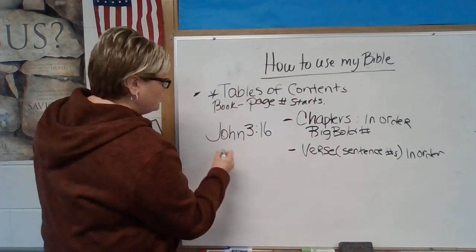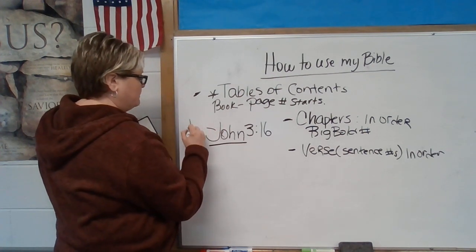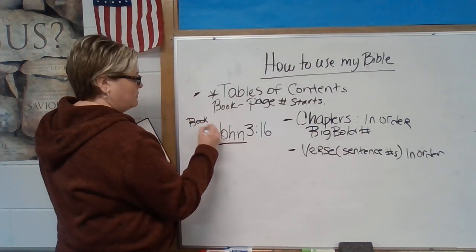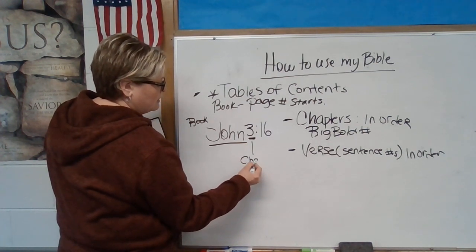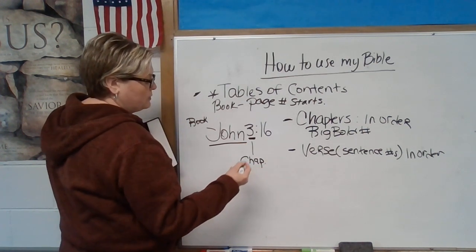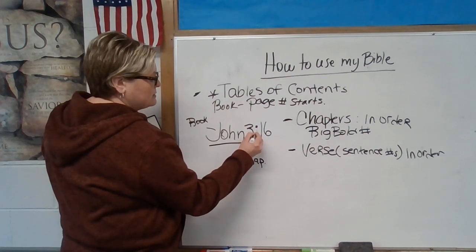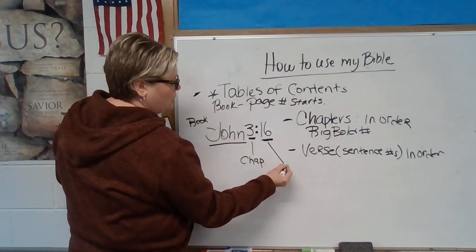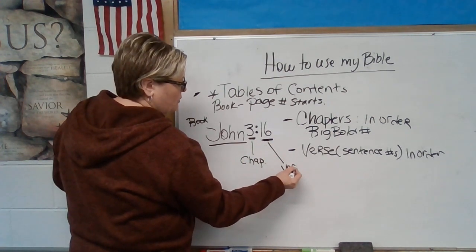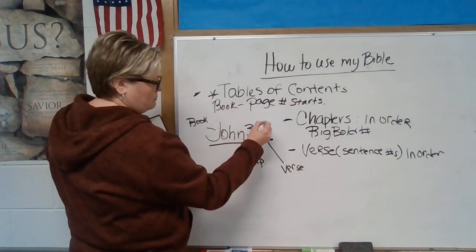Okay? John is the name of my book. The 3 is my chapter. I'm just going to abbreviate that, chapter. Then you've got 2 dots right here. And then the number after the dots will be your verse or your sentence number within that chapter.